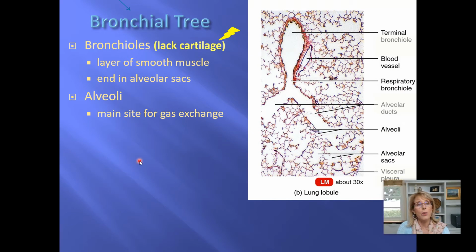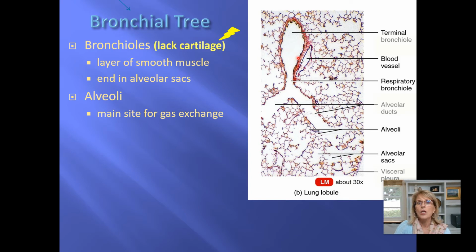Bronchioles are important because they do not have any cartilage propping them open. And that ends up being very important, particularly for a health problem called asthma that we'll talk about in a moment.